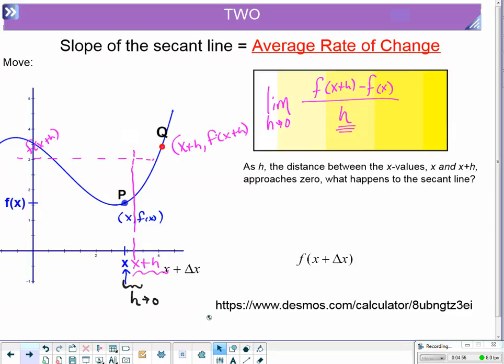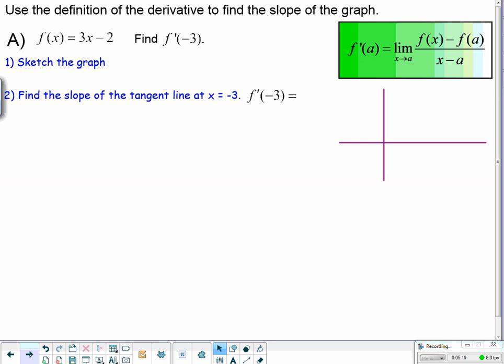As you can see then, everything shifts downwards on this particular curve, and my Q is getting closer and closer to P, so that the secant line becomes a really good approximation to the tangent line. And that's how we're going to define a derivative, as the slope of the tangent line, and it's done through this difference quotient.